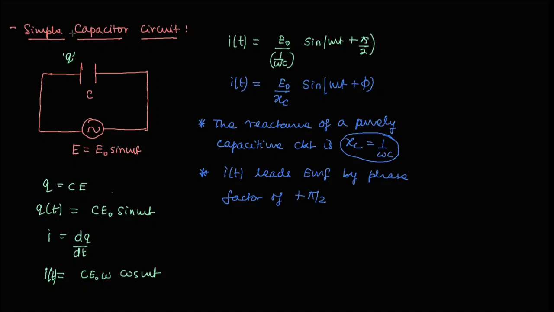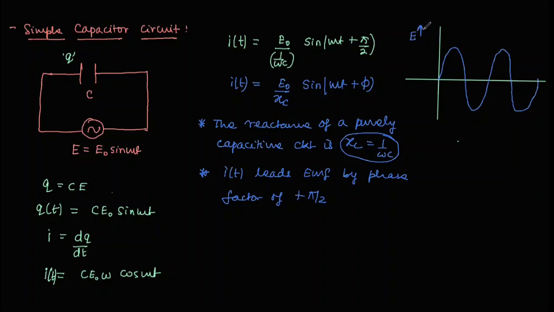So we are drawing a graphical relation between EMF with time, and we will also understand it in terms of phasor. So as a function of time, the voltage can be drawn in this way. In blue we have drawn EMF E is equal to E naught sine omega t.